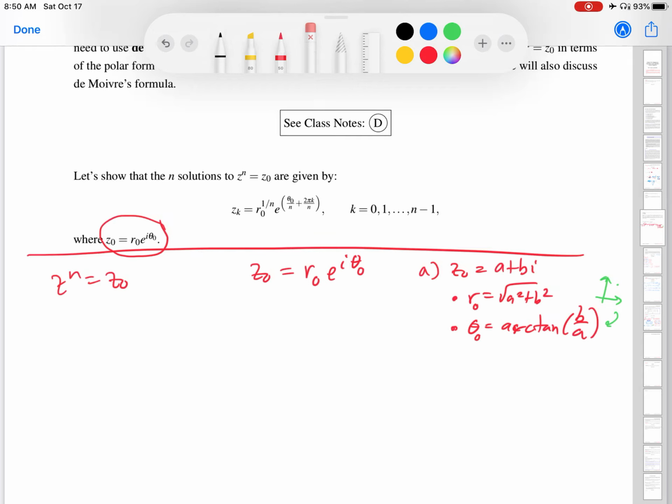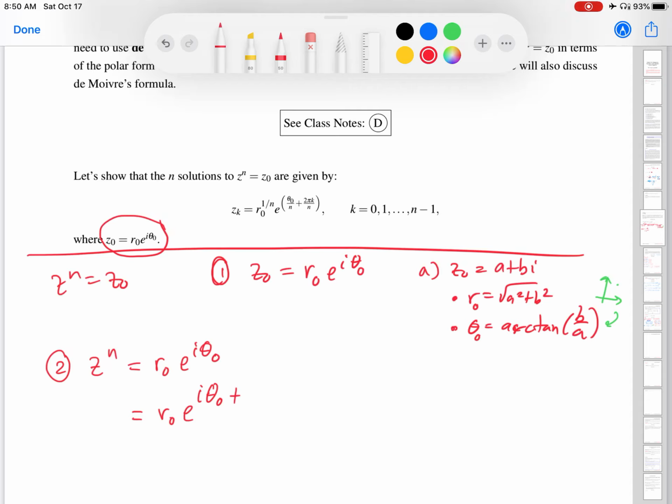Step 2: because we are solving z to the n equals z sub 0, we are now solving z to the n equals r sub 0 e to the i theta sub 0. This is the point where you are instinctually wanting to take the nth root. We are almost going to do that, except I'm going to point out a freedom that you might not have noticed yet, because I've been saving it for this particular point.